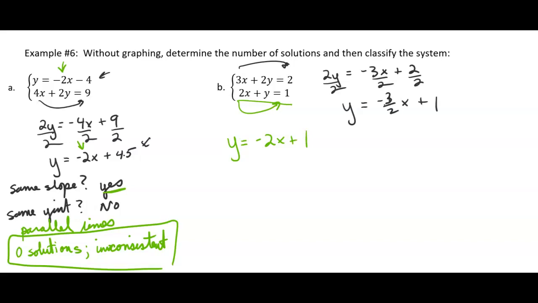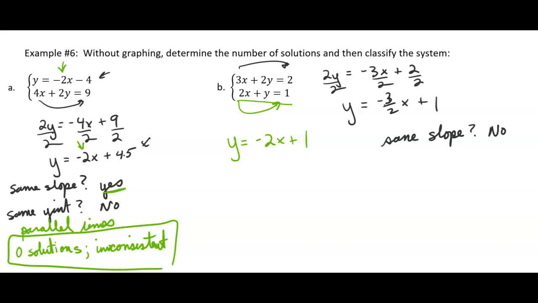So are the slopes the same? No. So they don't have the same slope, so they're not parallel lines and they're not the same line. So, you can ask yourself, do they have the same y-intercept? Yes, but in order for it to be the coincident lines, they have to have both the same slope and the same y-intercept.